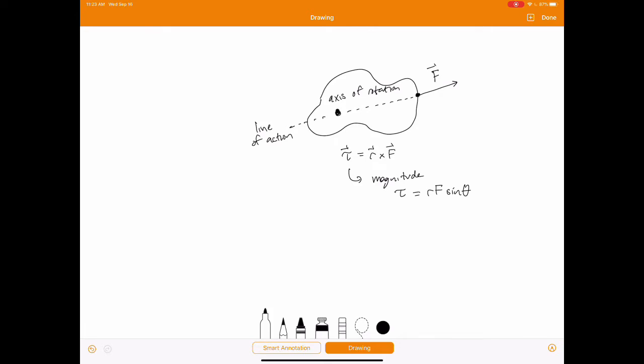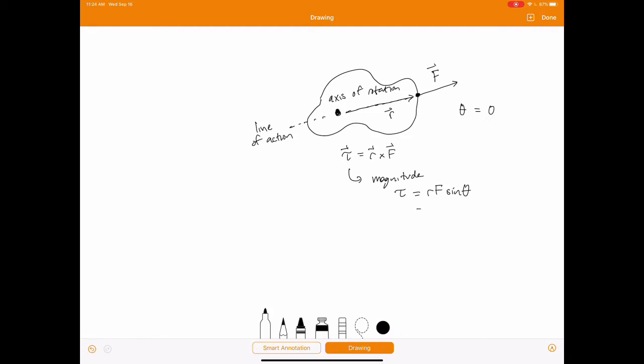Okay, so we drew the F vector. Now let's draw the R vector. Remember that goes from the axis of rotation to the point where the force is being applied. And in this case, they're pointing in the exact same direction. So the angle between them would be 0.